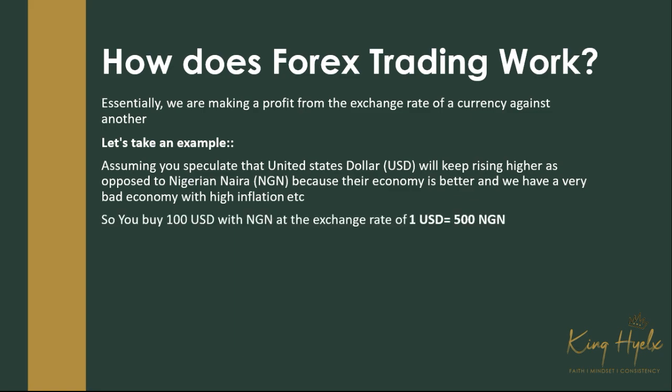So let's say you buy 100 United States dollars with your naira at the exchange rate of $1 equals 500 naira. So you have to exchange 500 naira of yours to get just $1.